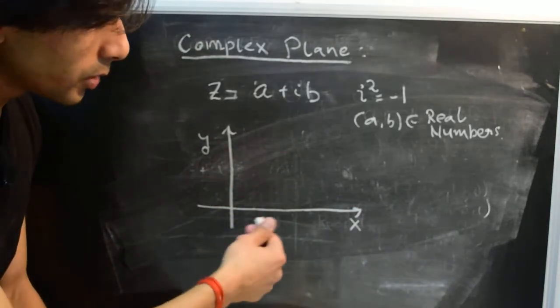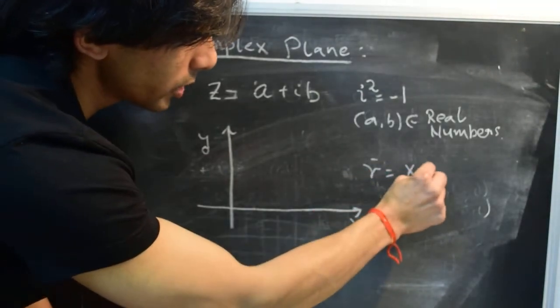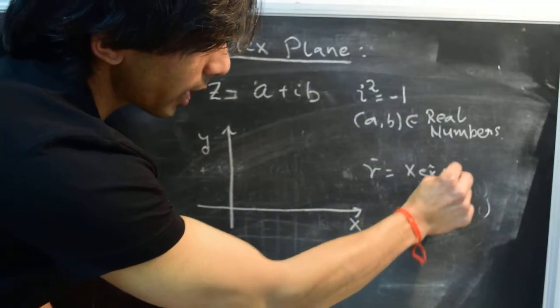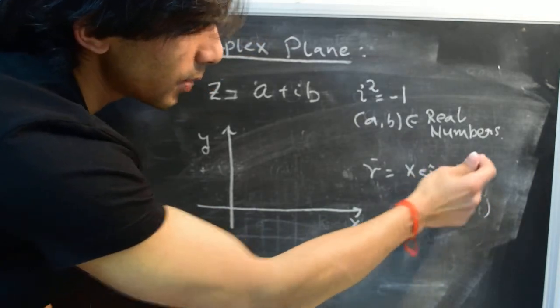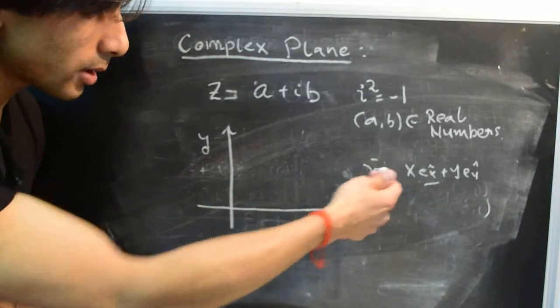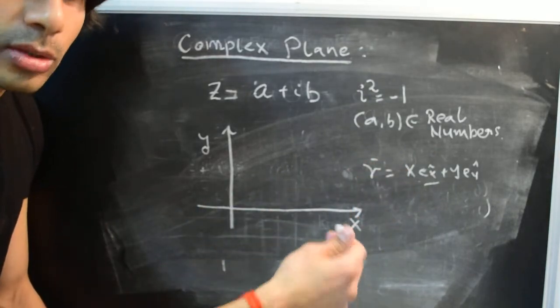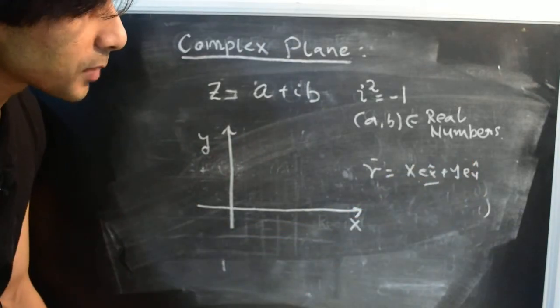And then if we were to label a point, let's say a vector r, which is x units along the x-axis and y units along the y-axis, here e_x hat and e_y hat are unit vectors along the x and y direction. So this is a two-dimensional vector space with bases e_x hat and e_y hat.